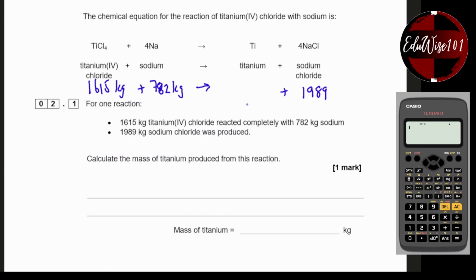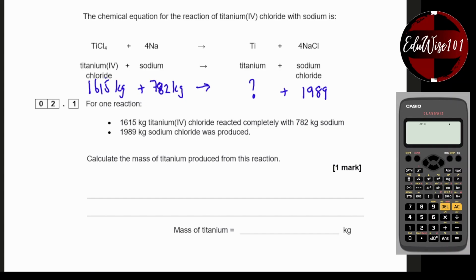Now calculate the mass of titanium produced. How would you find that? Remember, according to the law of conservation of mass, the total mass of the reactants, which is basically these two, should be equal to the total mass of the products.